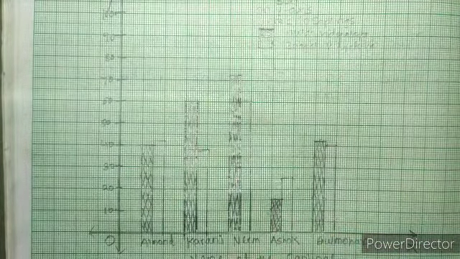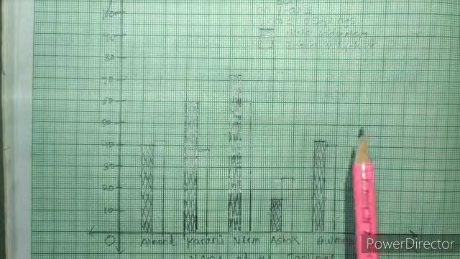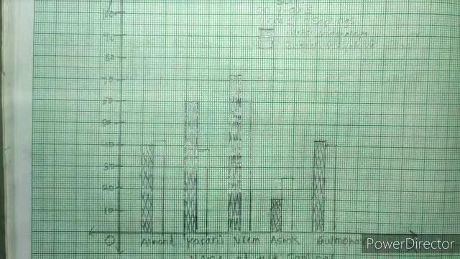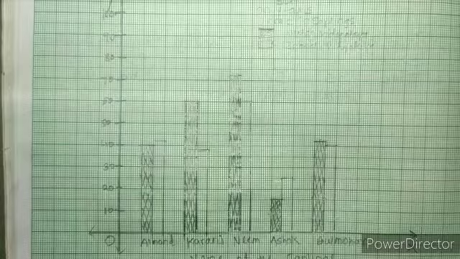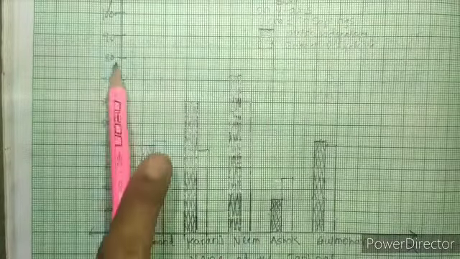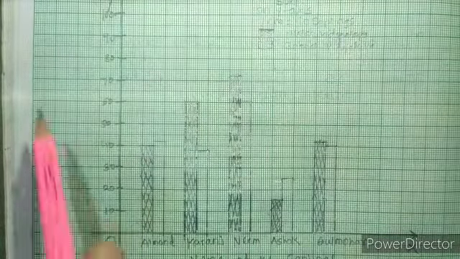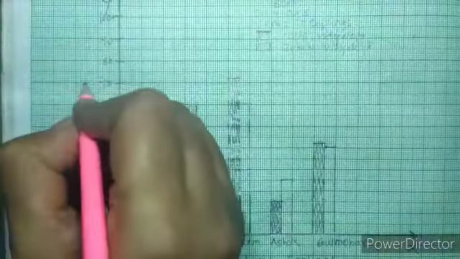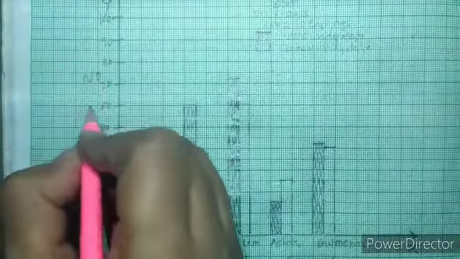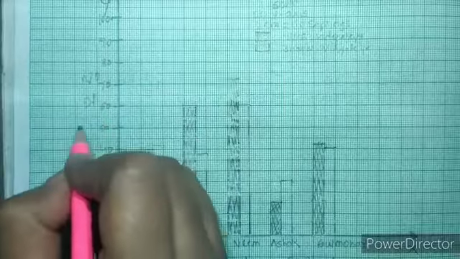Okay, what points are you going to write on the graph? First is the label of the x-axis, name of the saplings. The label of the y-axis, number of saplings. So I am going to write number of saplings here.